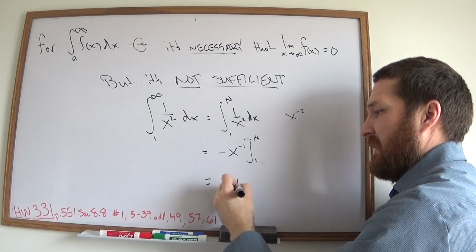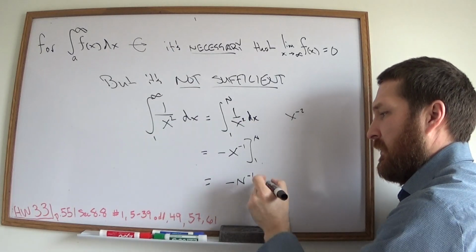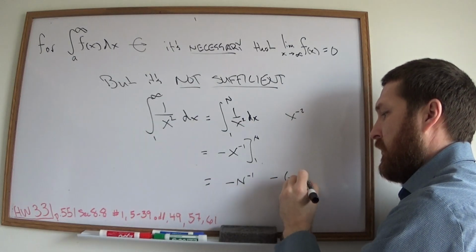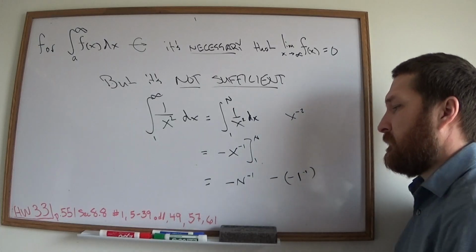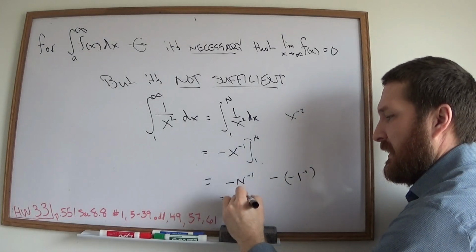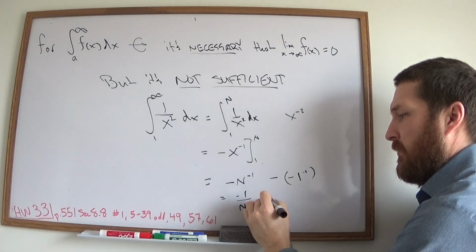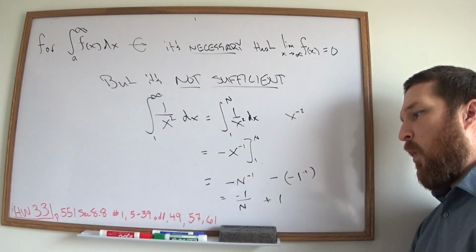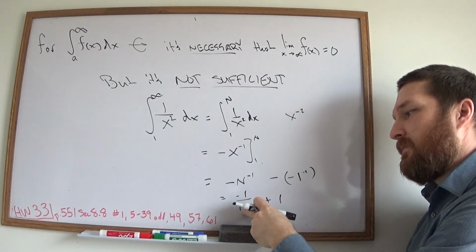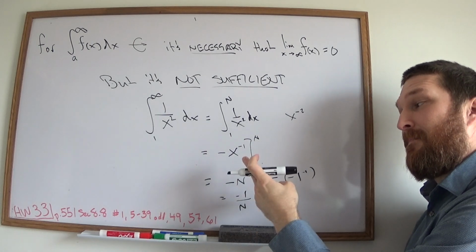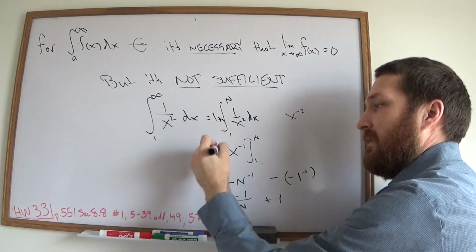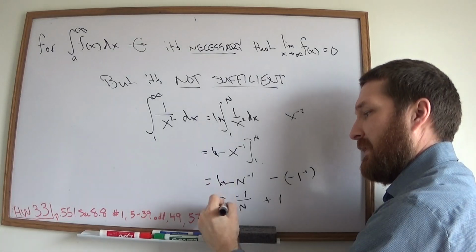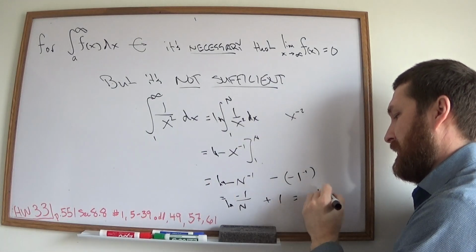So we have negative n to the -1 minus negative 1 to the -1, which is the same thing as negative 1 over n plus 1. And what's the limit as n goes to infinity? The 1 over n goes to 0, so then it's just 1. And so the limit gives you 1.